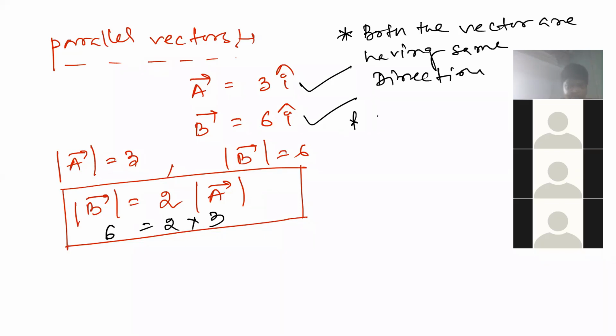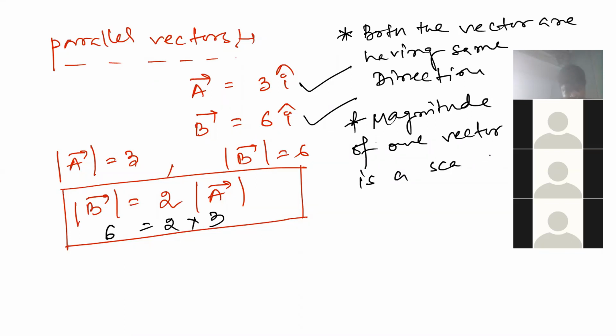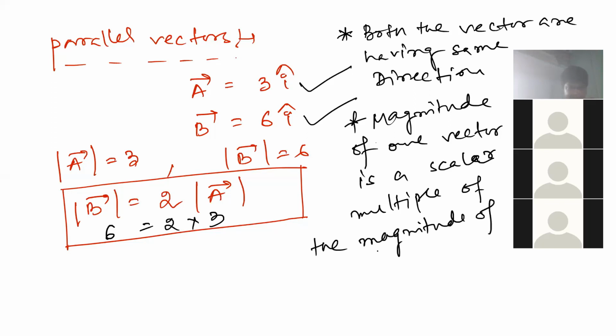Second condition: the magnitude of one vector is a scalar multiple of the magnitude of another vector.